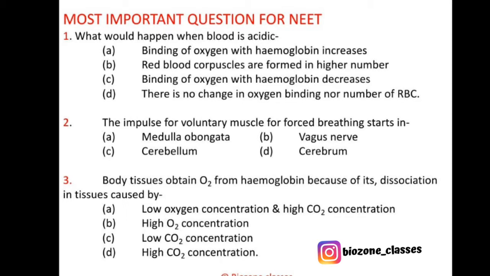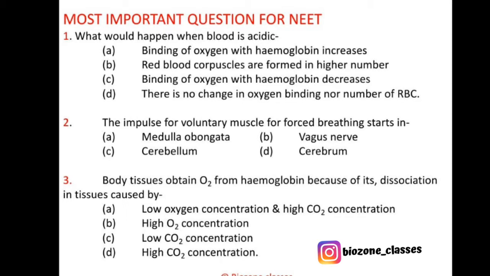And D, there is no change in oxygen binding nor number of RBC. So the correct option for this question is C. Whenever blood is acidic, that means the pH decreases, the oxygen binding with hemoglobin decreases, or we can say the oxyhemoglobin dissociation increases. So C is the correct answer.